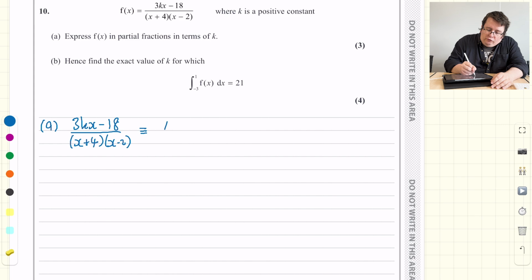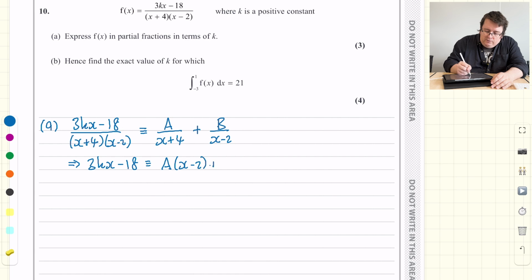So the partial fractions form will be a over x plus 4 plus b over x take away 2. So if we multiply both sides by x plus 4 times x take away 2, we'll get 3kx take away 18 is equivalent to a times x take away 2 plus b times x plus 4.